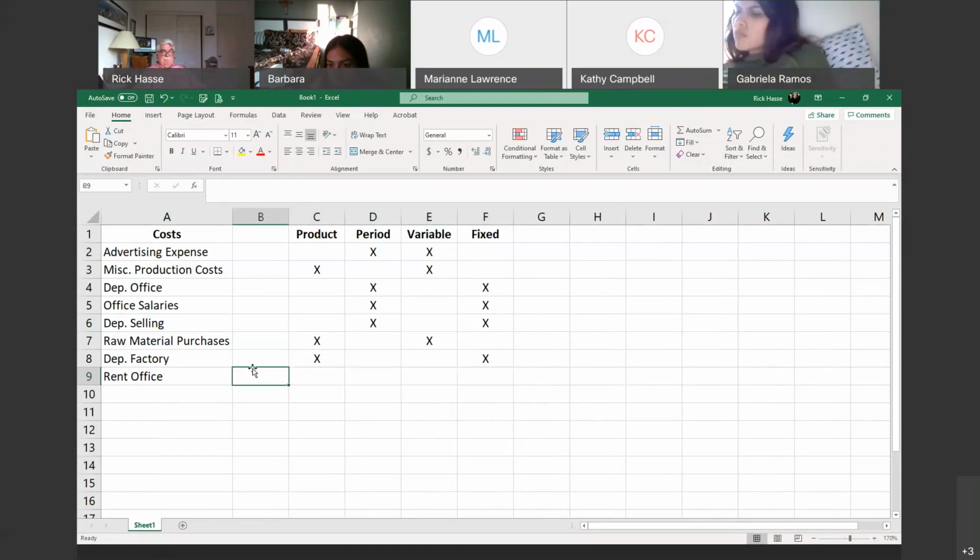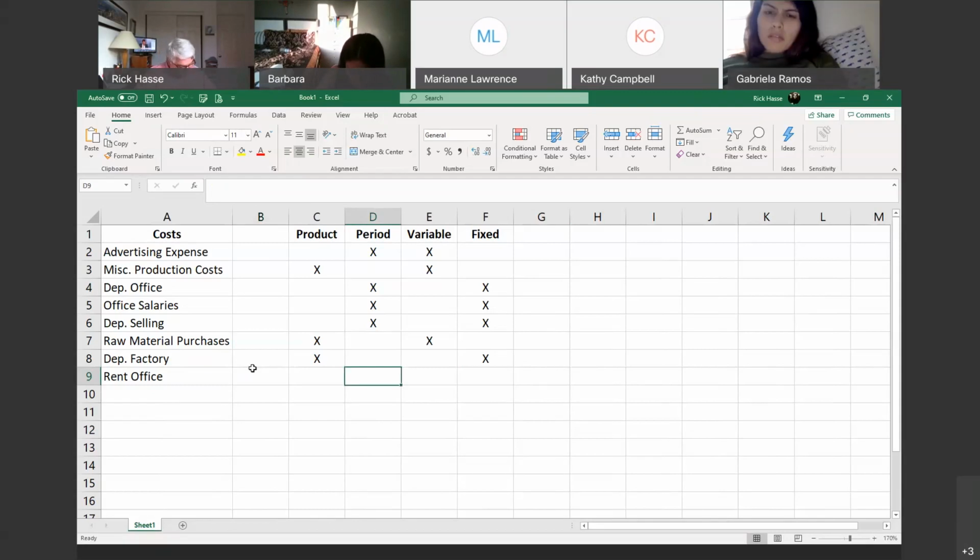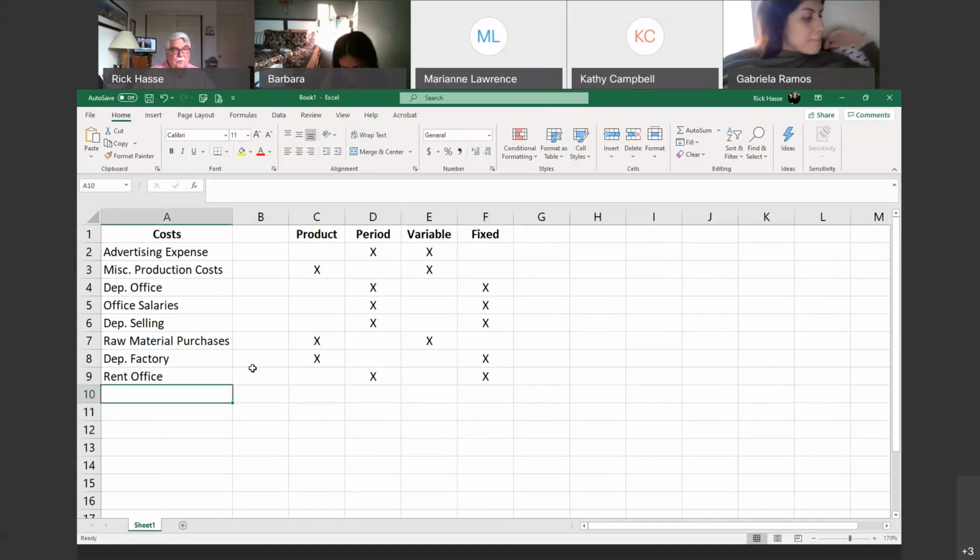Rent on the office space. That's period, correct? Very good. It has nothing to do with the production of your product. Very good. Variable or fixed? That's fixed. Very good. Rent is always a fixed cost. Good job. Nice work.